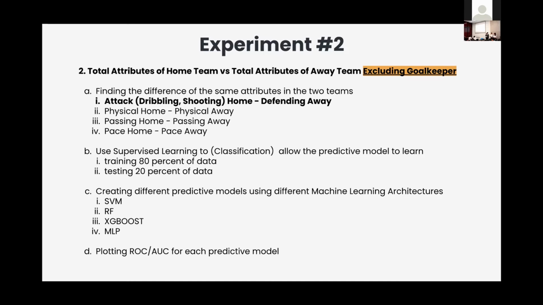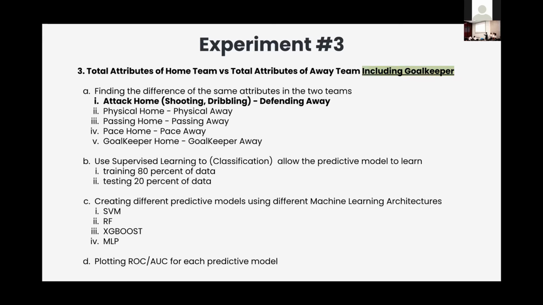But instead of finding the difference between the shooting score of the home team and the shooting score of the away team, we will be combining dribbling score and shooting score as the attack score for the home team, and finding the difference between the attacking score and the defending score of the away team. So we will have four attributes in total: the attack with defending, physical with physical, passing with passing, and pace with pace. And the rest are the same.